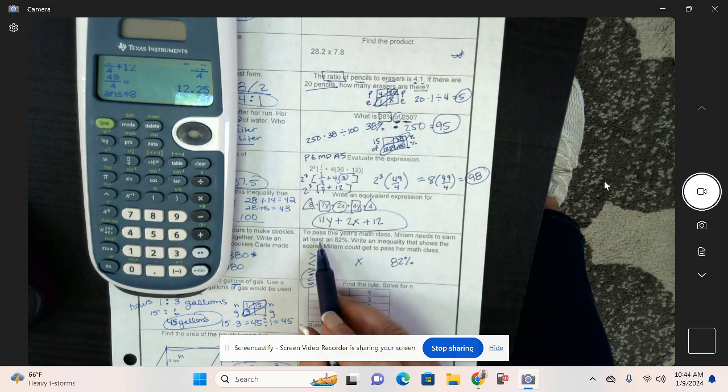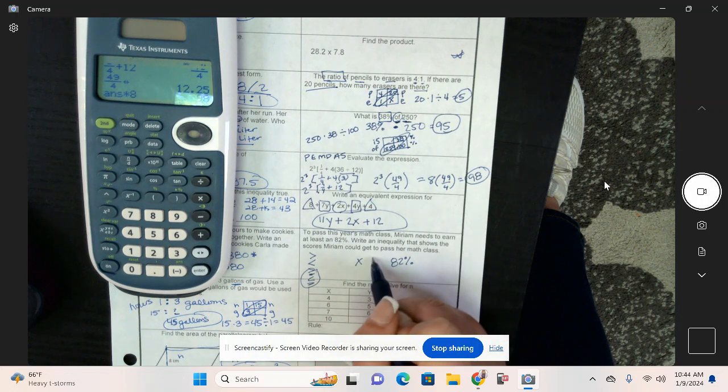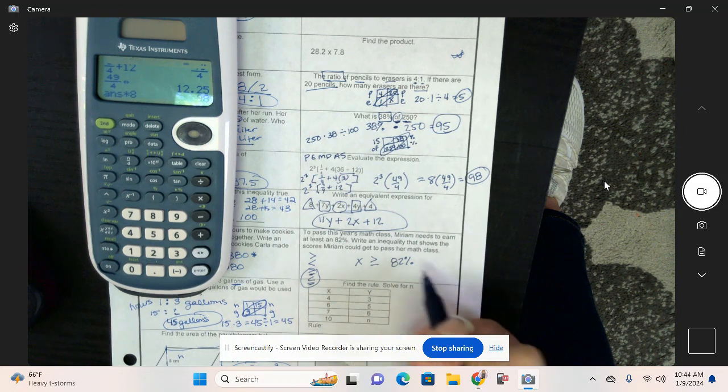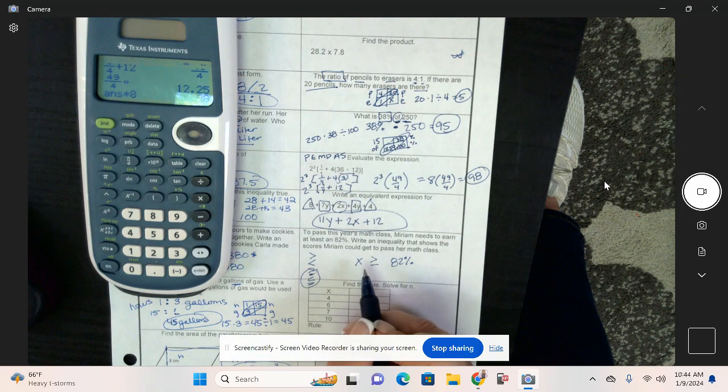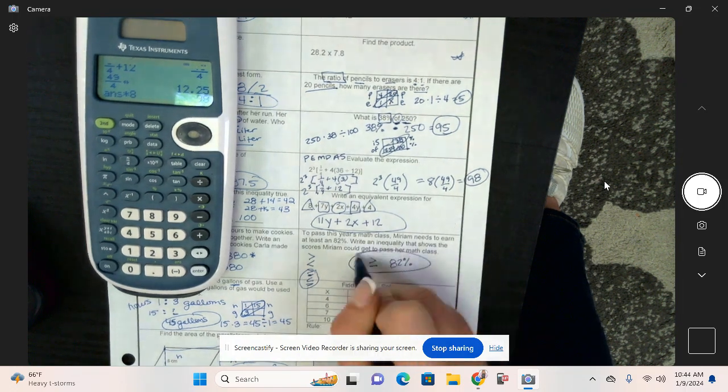So at least means that number or higher. So she can make greater than or equal to an 82 and still pass. So if she makes an 83, she passes. But if she makes an 81, which is less than an 82, she does not pass. Okay, so that's how we figure those out.